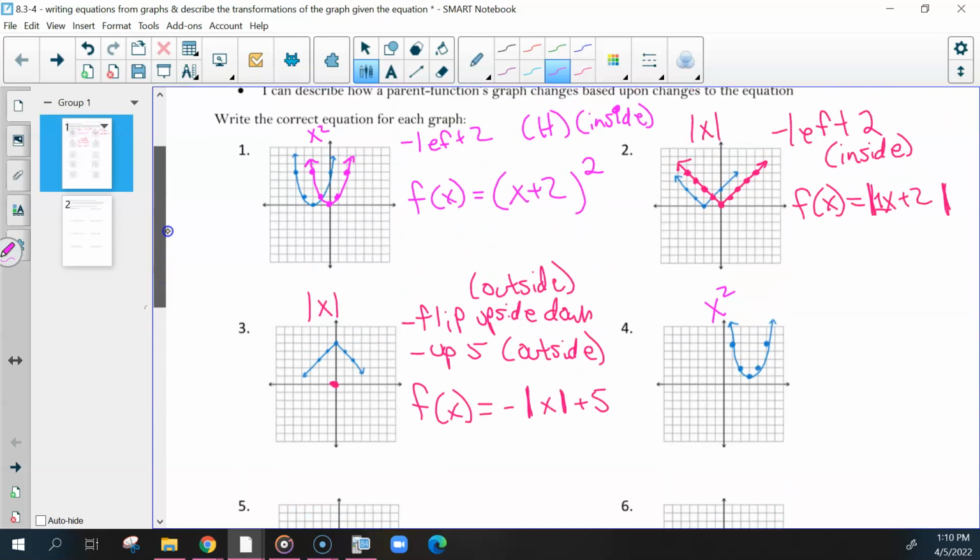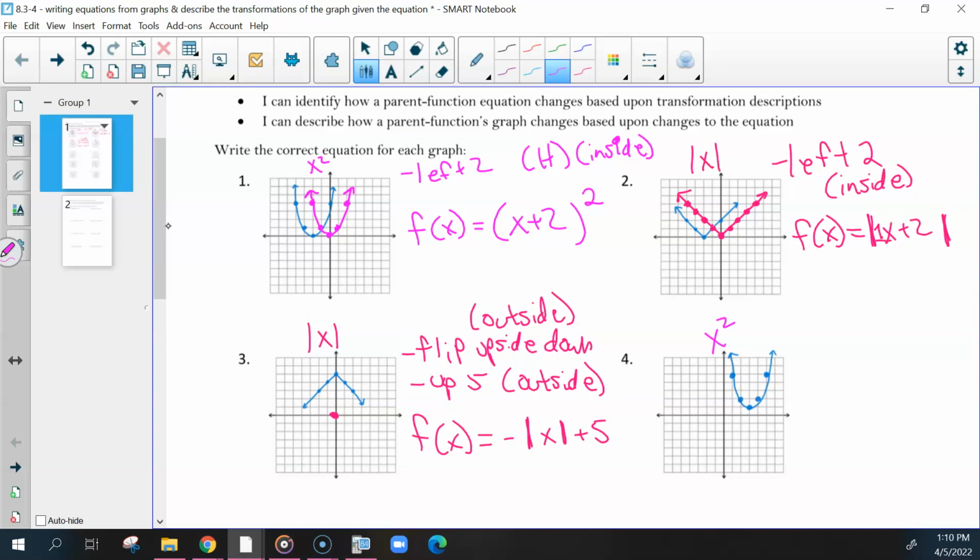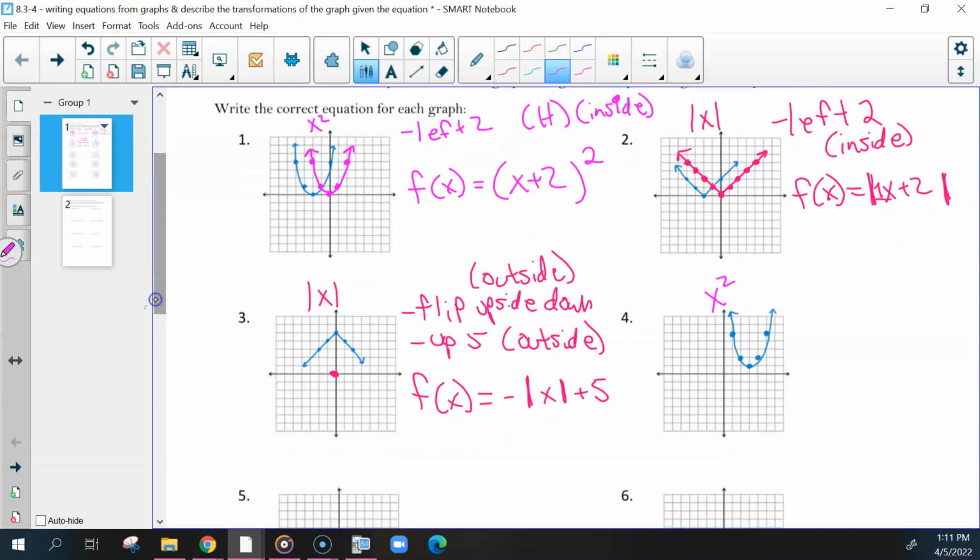And comparing it to your original, what did it do? It moved up and to the side. How many? Up 3, and 1 to the right.